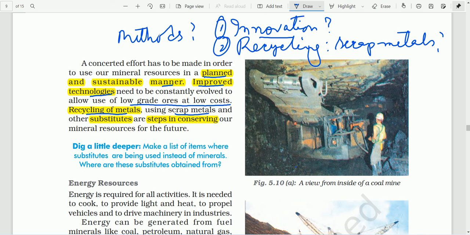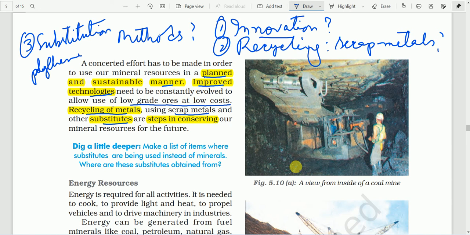Another method is substitution. Whenever possible, we may substitute. For example, the use of metal pipes can be replaced by polythene pipes or plastic pipes.